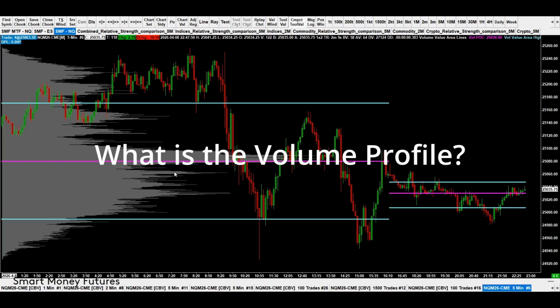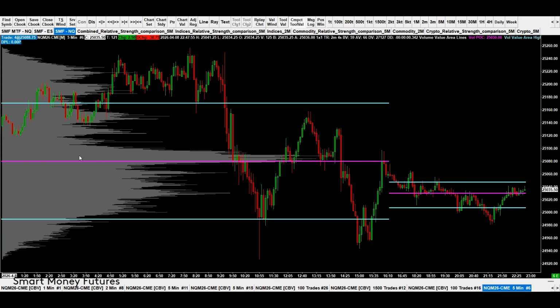What does the volume profile actually do, or what is it? Volume profile is a tool that shows you how much volume traded at each price level over a selected period of time. Not how much volume traded in a candle, but how much volume traded at a specific price level. That distinction matters.